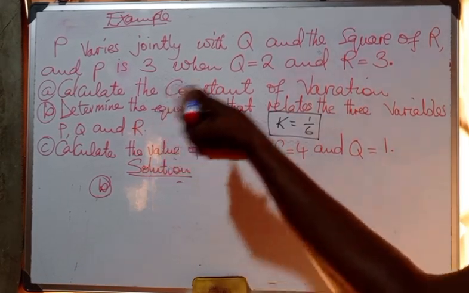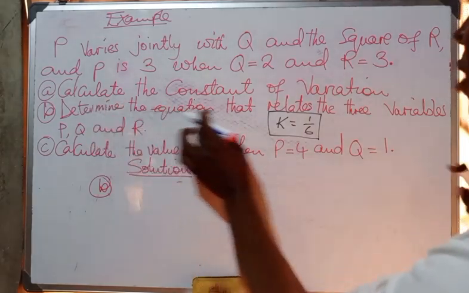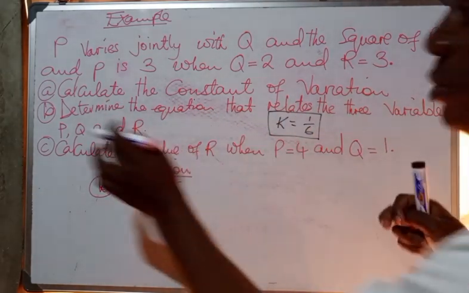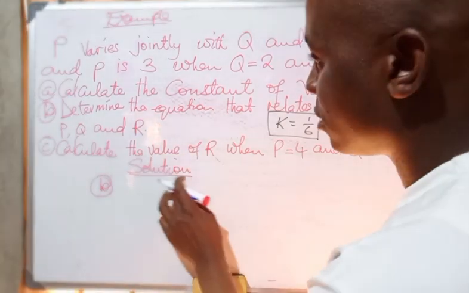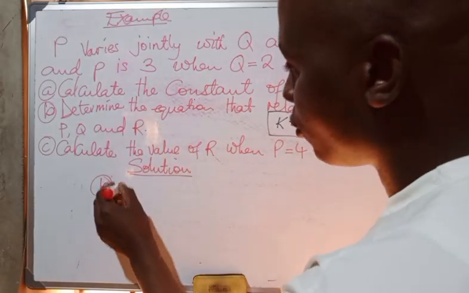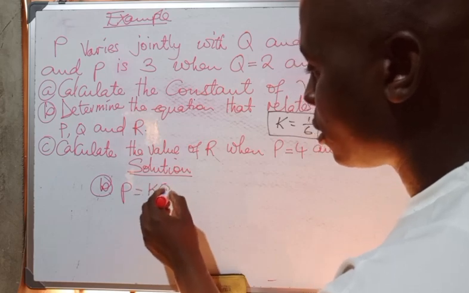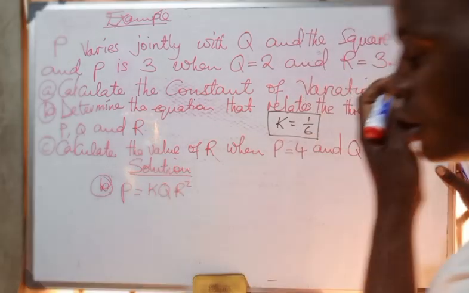Question B: determine the equation that relates the three variables P, Q, and R. So we have P is equal to K, Q, R squared.